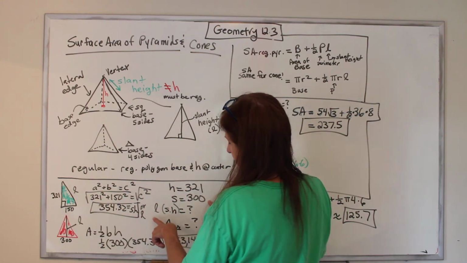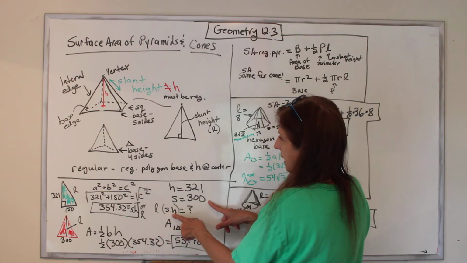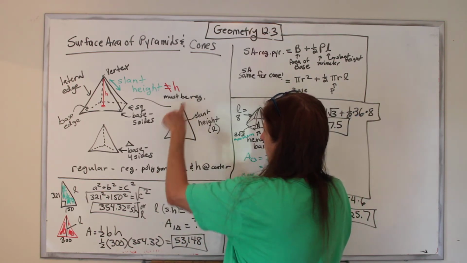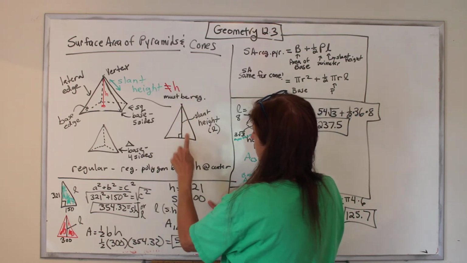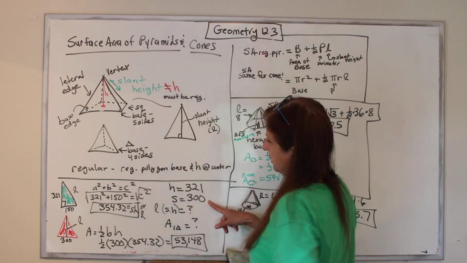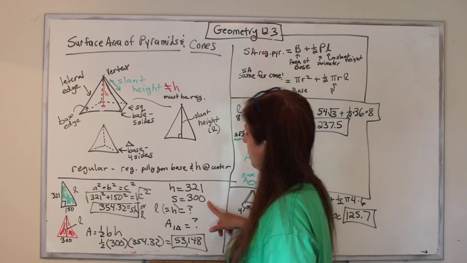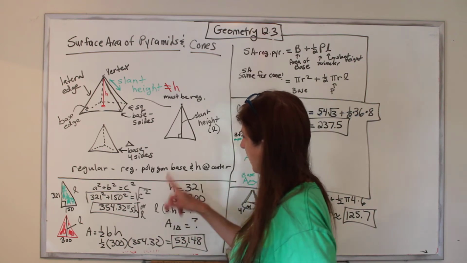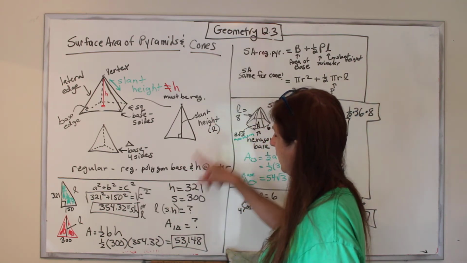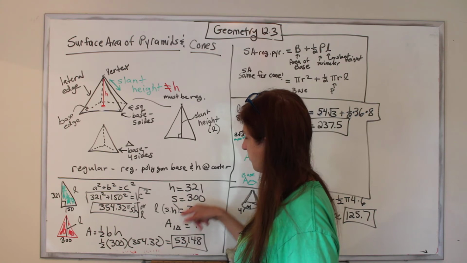They want that, but before we can get it, we have to get the slant height. So how we're going to get it, they call slant height L. I wrote SH for slant height.